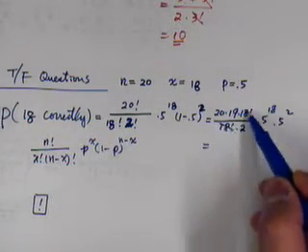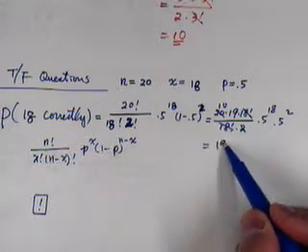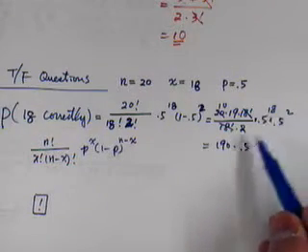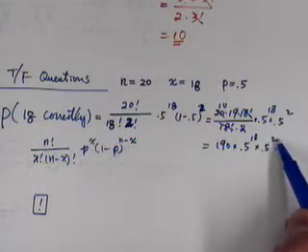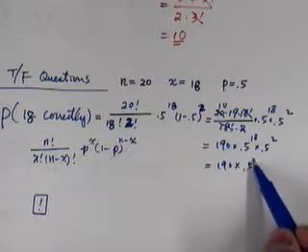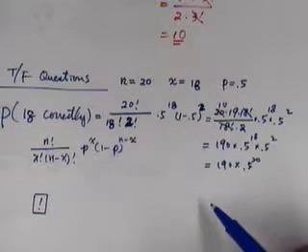Now the 18 factorials cancel, and the 2 and the 20 cancel to 10, so it's 190 times 0.5 raised to the 18 power times 0.5 raised to the second power. Actually, this is 190 times 0.5 raised to the 20 power.